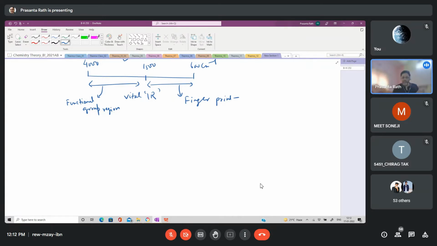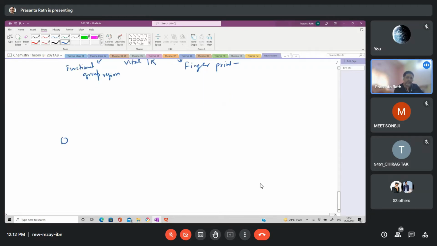Okay, so molecules are not rigid, rather they are flexible, and there is always a possibility of different vibrations. So suppose let us take a 3-atom 2-bond system. Okay, this is the minimum thing to understand the different types of stretching and bending, or different types of vibration.